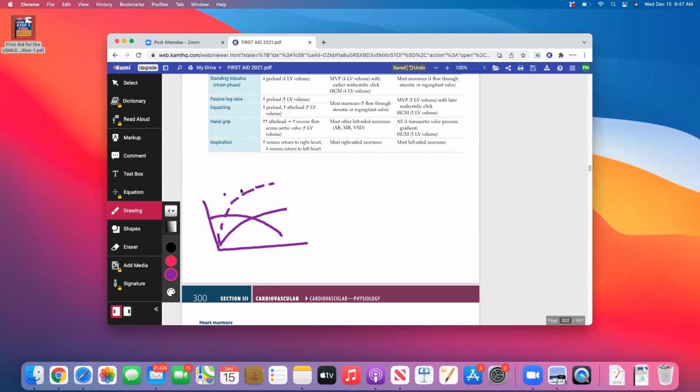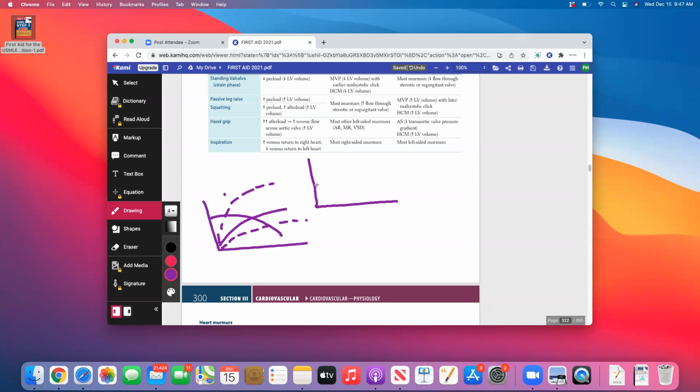Inotropy, very good. If instead of this, I did this, what is the reason for the new dotted line? Decreased inotropy. Very good. Not loss of blood, decreased inotropy.